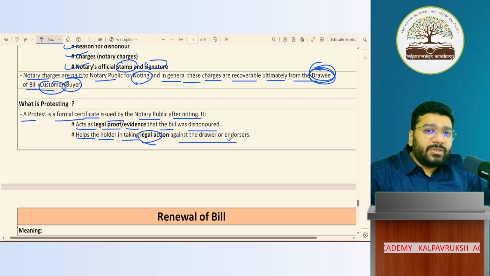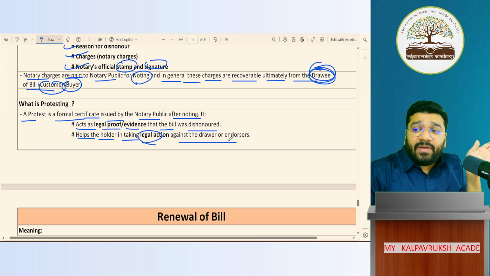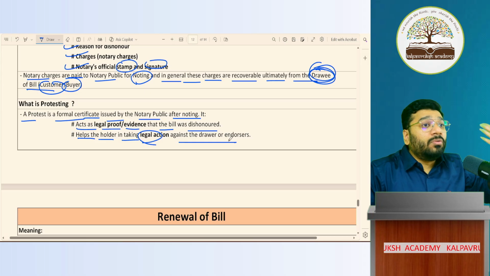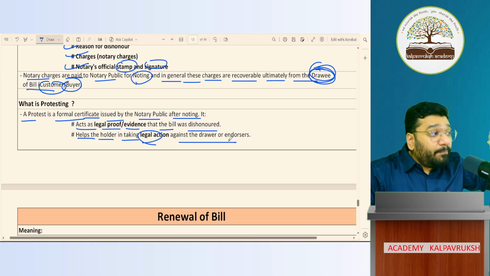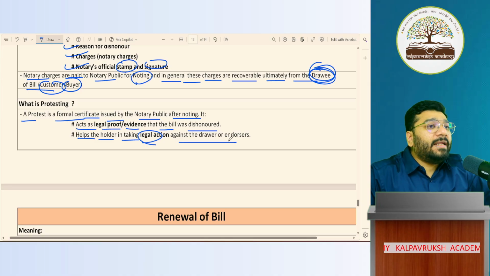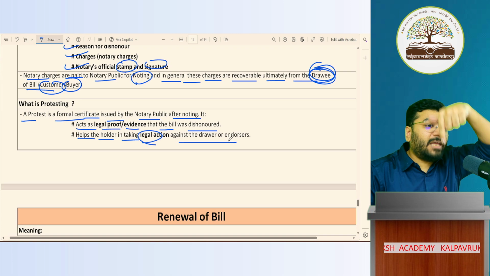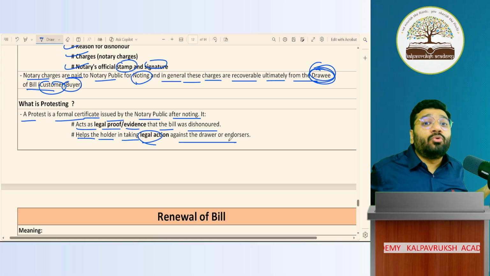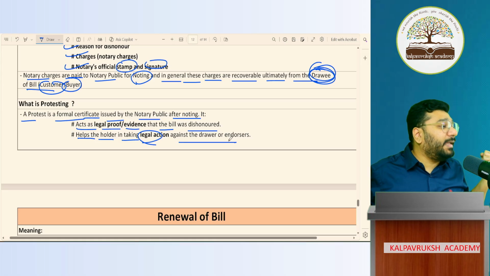Understood? Because whatever certificate has been issued by the notary public, the court will take acknowledgement of that, and will be able to move the case much faster compared to a case where no noting is done. Clear or not clear? Because when noting is not done, the seller will always blame the buyer, and the buyer will blame the seller. In this game, the court will not be able to conclude who is right and who is wrong. So the matter will keep on dragging a lot.